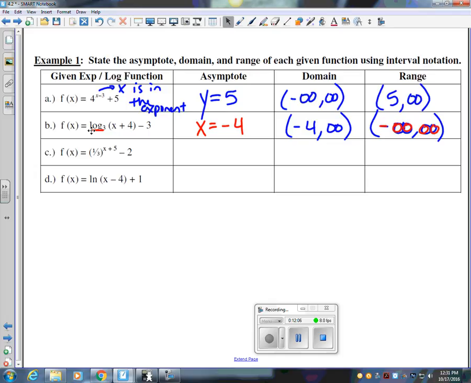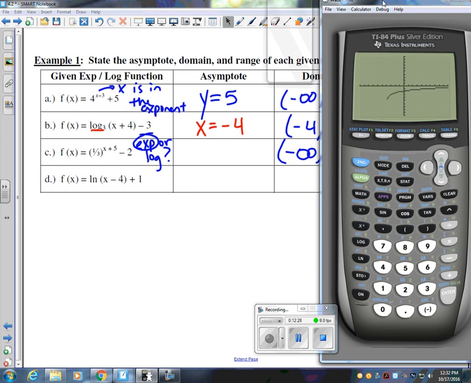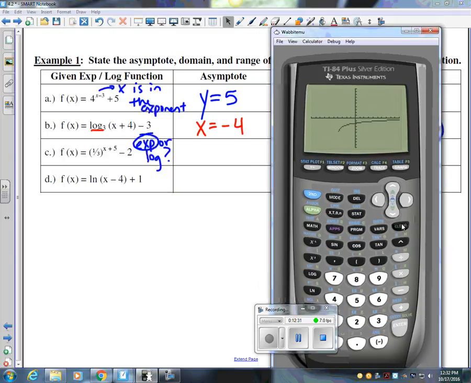All right, the next one, is this an exponential or log? All right, it's an exponential. So you automatically know your domain is going to be -infinity to infinity. And when you look in the calculator, when you type it in, you can see that 1/3 to the x plus 5 minus 2, you can find out where your asymptote is.